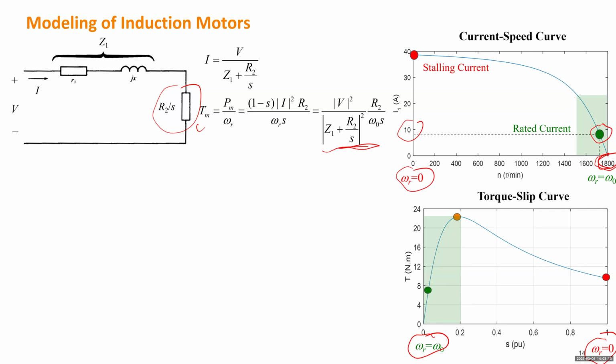When the speed decreases, so this direction will be the speed decrease, the torque first reaches the maximal value, then it will decline. And when the motor is stalled, the torque will have some value, close to the nominal operating torque, but speed will be 0.